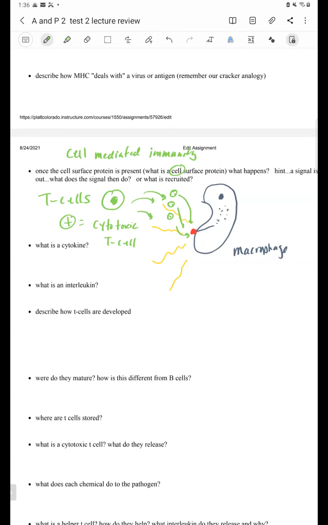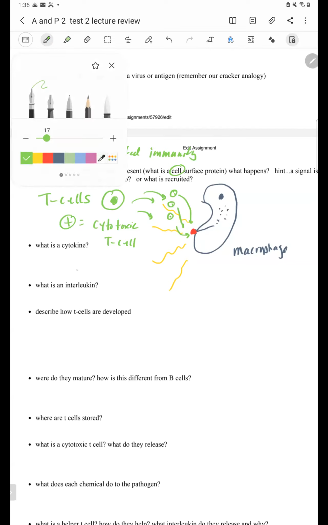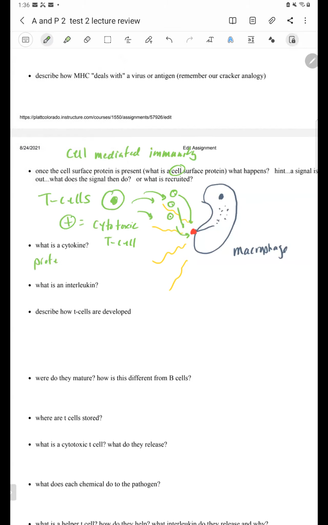Basically they are secreted proteins that signal. For example, an interleukin, or your ILs, right? And you have interleukin number 1 through 35. And they all have a different function.